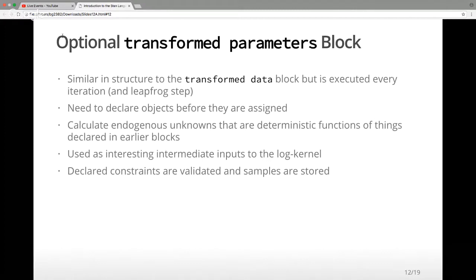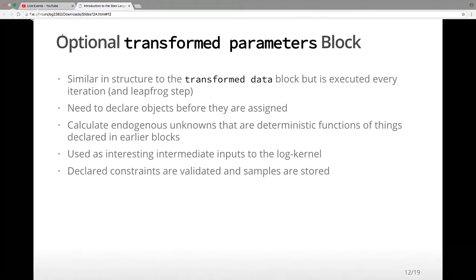So you don't want to put stuff that you don't need into transformed parameters. But if you do need it, then go ahead and declare those objects with a legitimate name and then assign stuff to it. The declaration needs to be before the assignment or simultaneous with the assignment. All the declarations have to occur at the top of the transformed parameters block. Anyway, transformed parameters is one of two places where you can calculate endogenous unknowns.